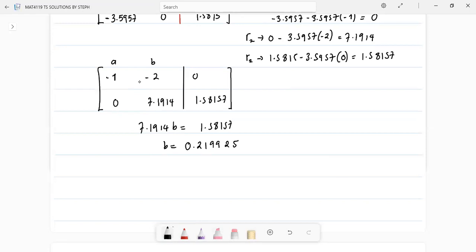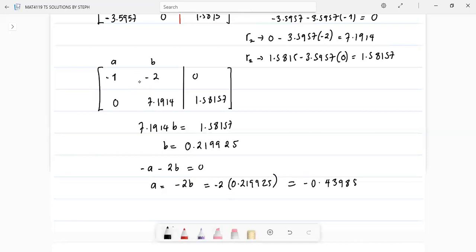And then from the first equation, -1A minus 2B equal to 0. So for A, A is just equal to -2B. So if you plug in there, times 0.219925, this is giving me about -0.43985.